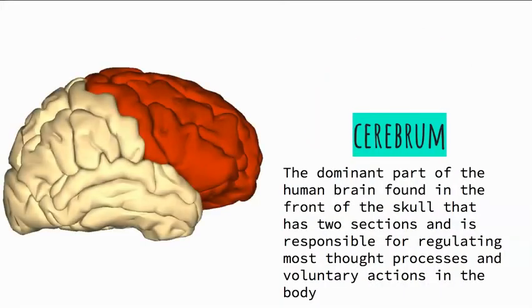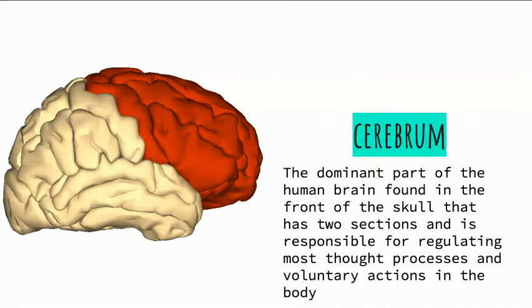The next word we're going to go over is the cerebrum. We're really breaking down the brain into different parts today. The cerebrum is the dominant part of the human brain that's found in the front of the skull, up by your forehead. It has two sections, and they're both responsible for regulating most of your thought processes and voluntary actions in the body.